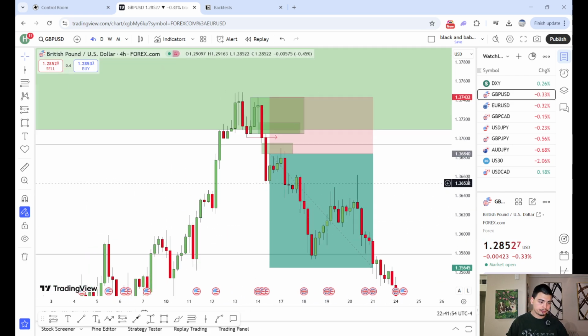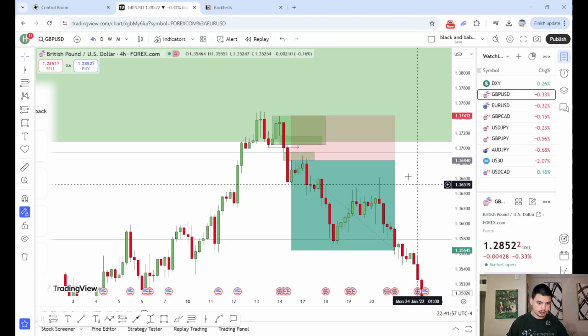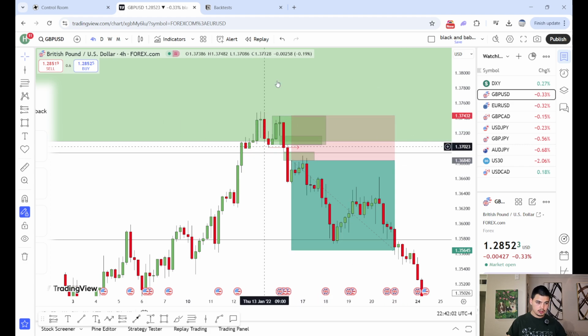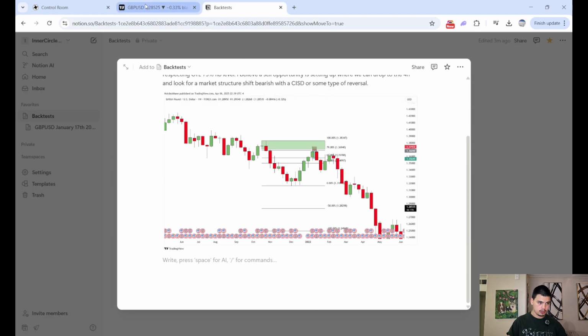And so right here, what I would do is we are going to type right here: dropped to the 4-hour as soon as price tapped into OTE area. There was also like a little fair value gap right there, as you can see between here. That price also respected, right?